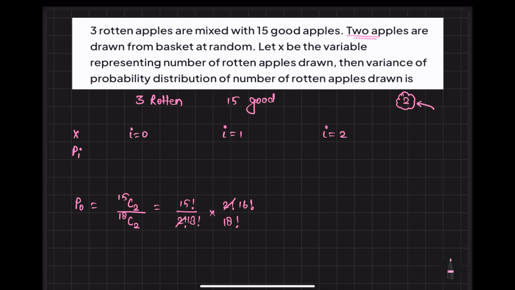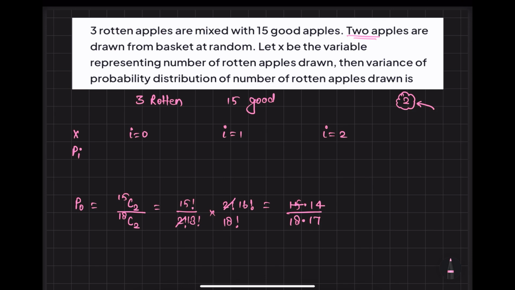Now you can simplify things. We will be left with 15, 14, 13 factorial, 13 factorial gone. Then we have 18, 17 and 16 factorial, 16 factorial gone.